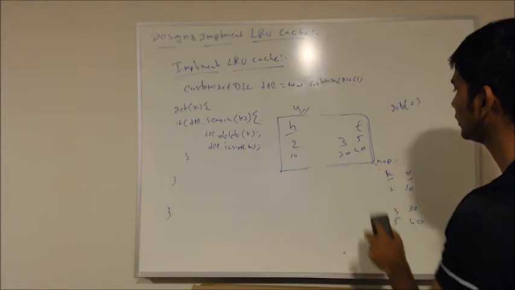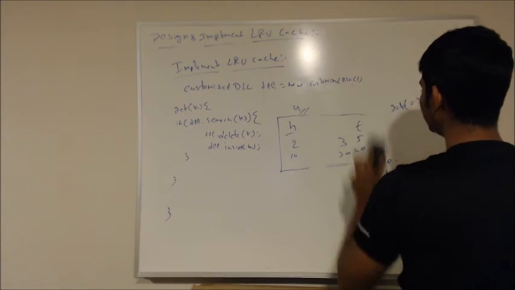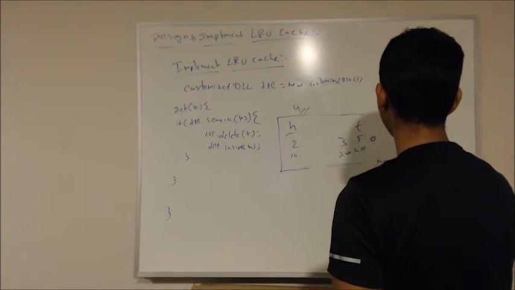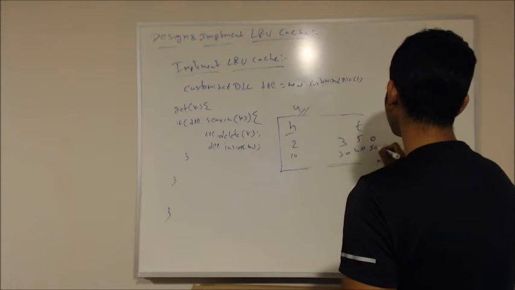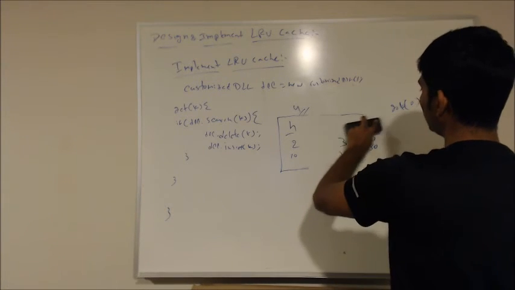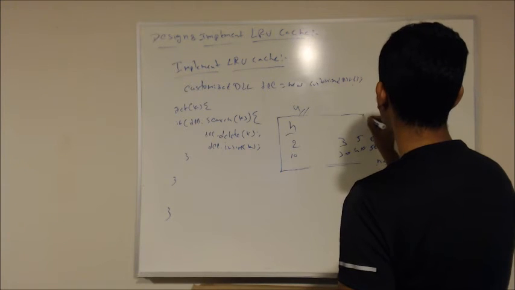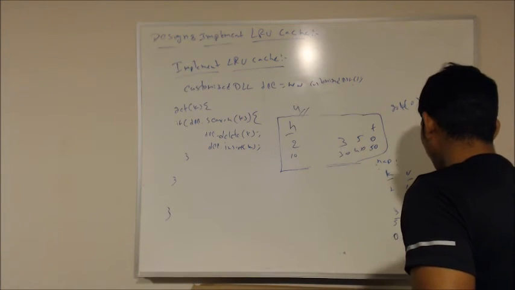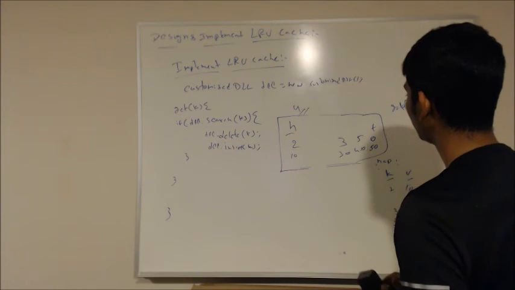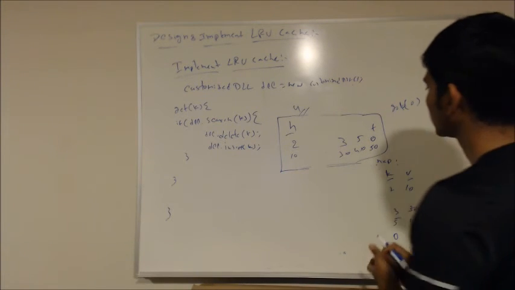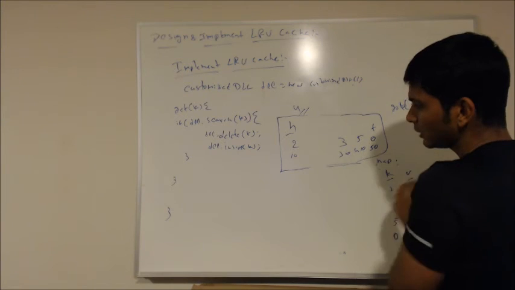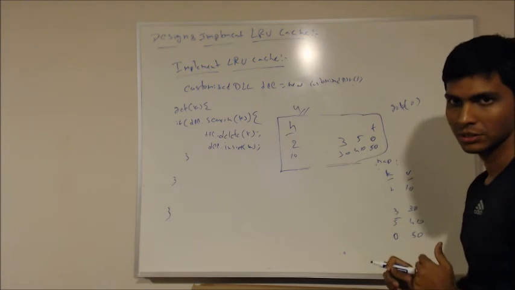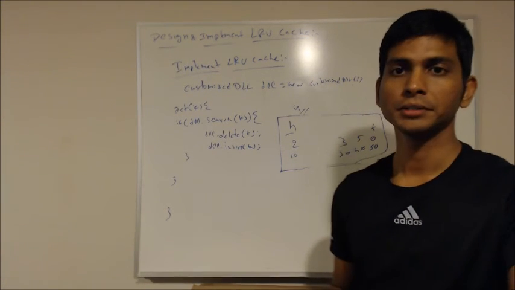Then it does the tail insertion. So it is inserting 0 here with a new address 50 and updating the tail. So the tail is pointing to 0 now, and it also makes a new entry in the map with its address. Correct. Now 0 is the most recently used, and 2 is the oldest. So this is how get works.